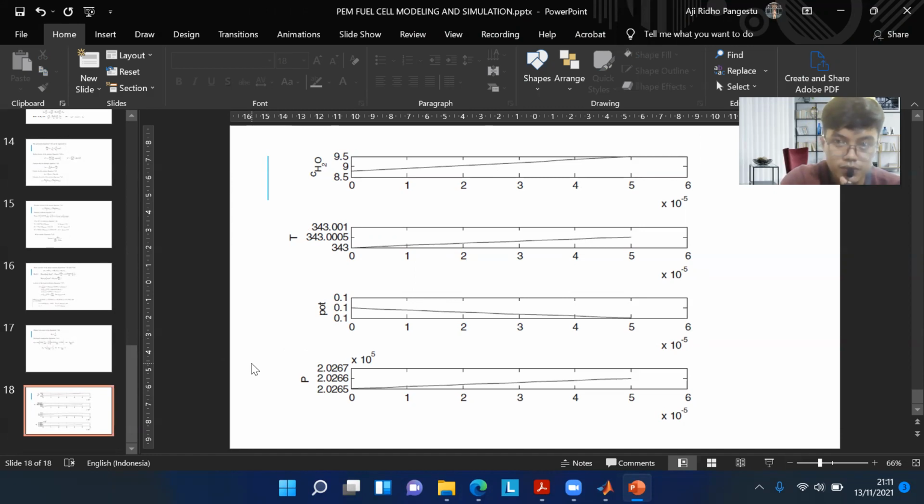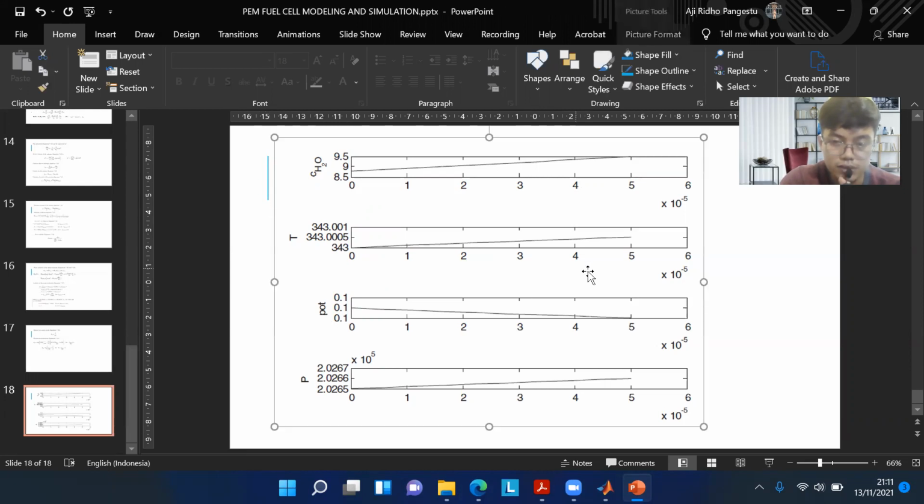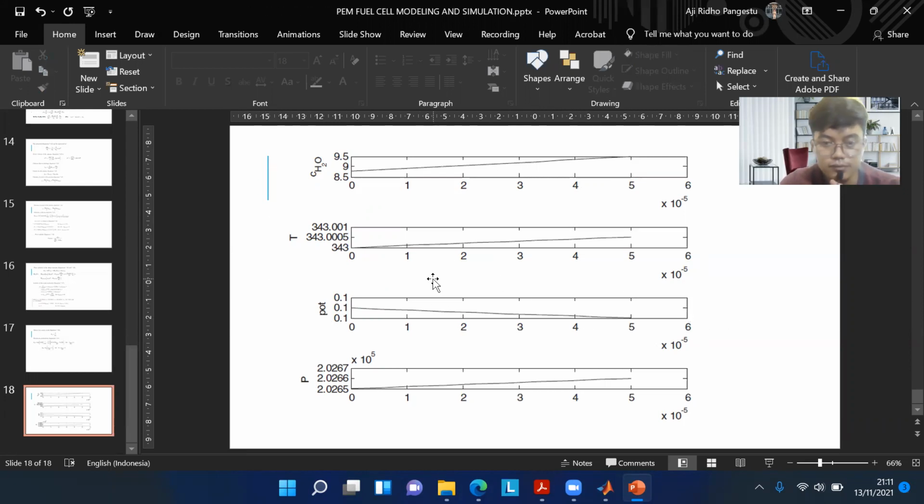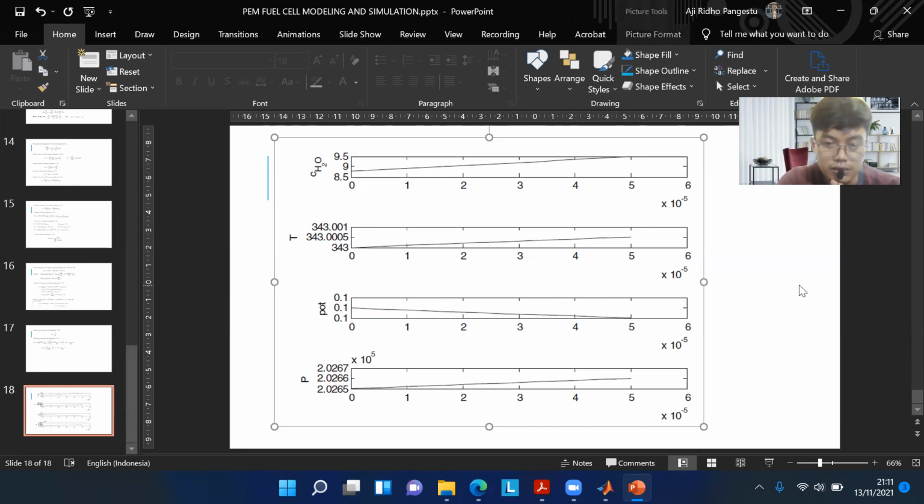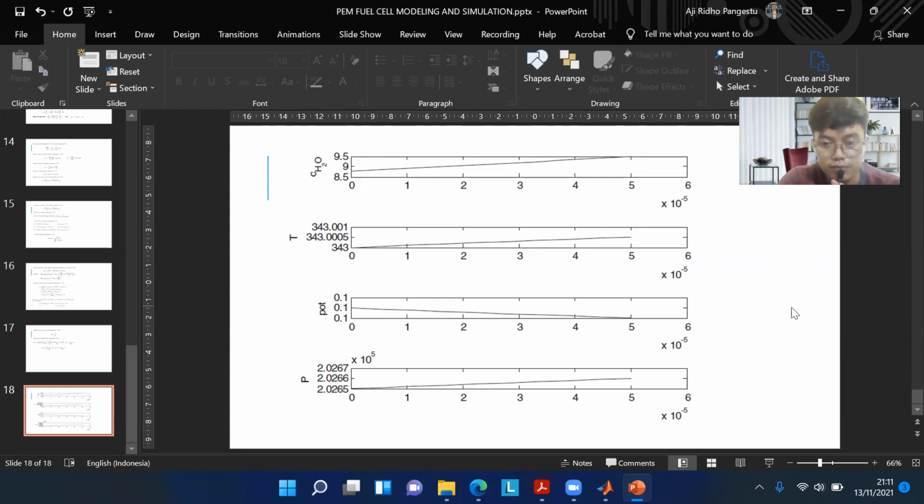For the next video, we have to write the program to get the result as shown in the PowerPoint below. In the next video, we will get the MATLAB programming for this case.